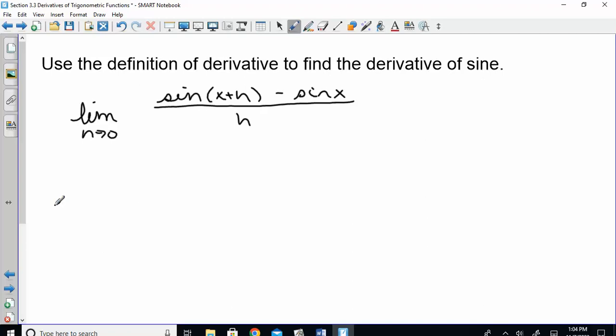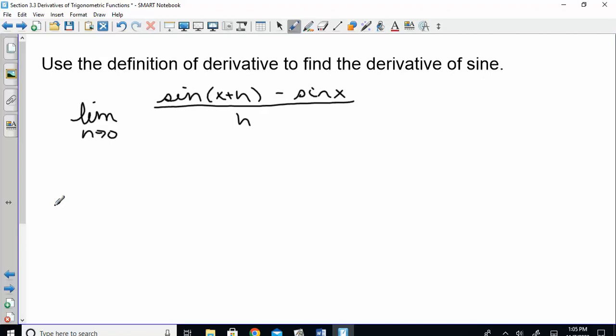Does anybody have that trig paper I gave you at the beginning handy? There's a formula on it we need. All right, so on this we have sum and difference formulas.